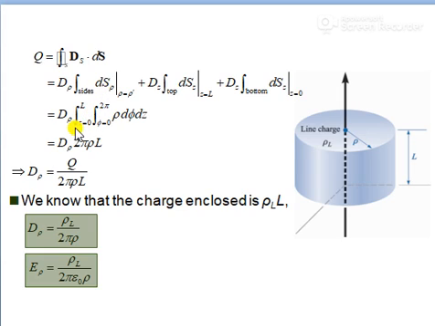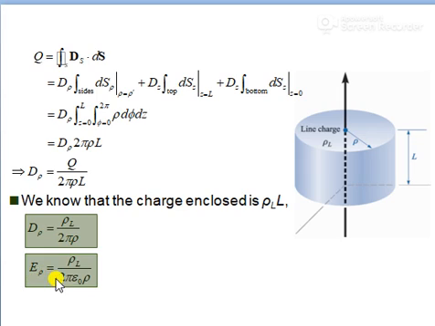Therefore D rho times the integration over z from 0 to L and over phi from 0 to 2 pi of rho d phi dz. For that you will get D rho 2 pi rho L. So D rho is equal to Q divided by 2 pi rho L. We know that the charge enclosed is rho L times L. Therefore D rho is equal to rho L by 2 pi rho.